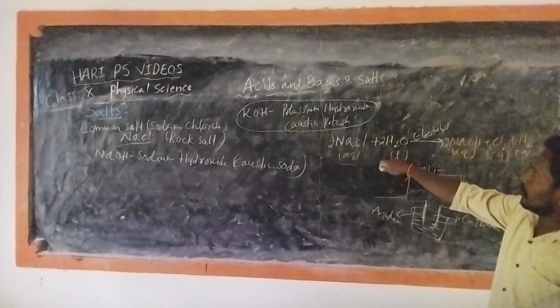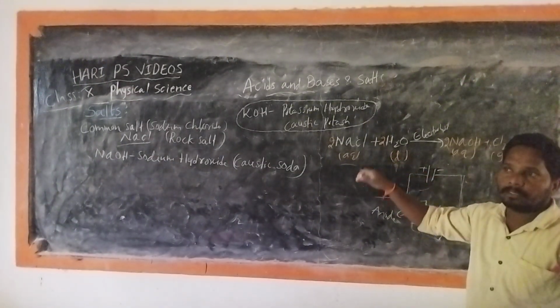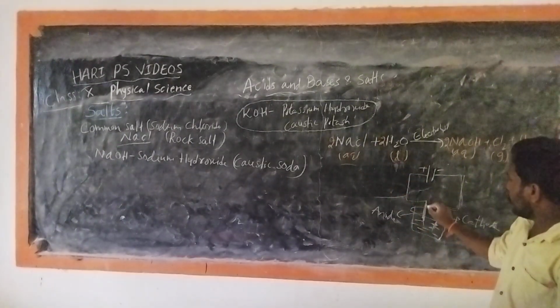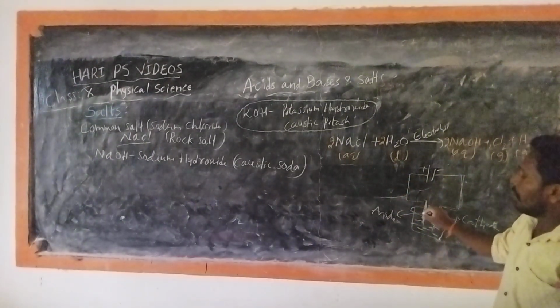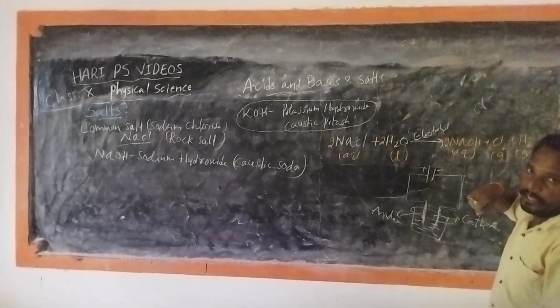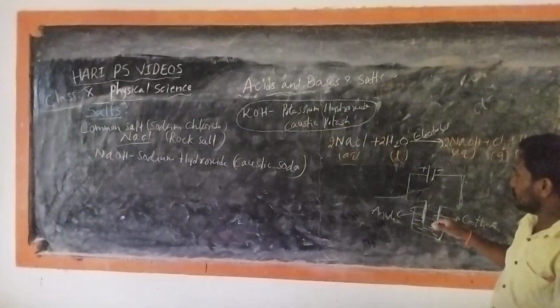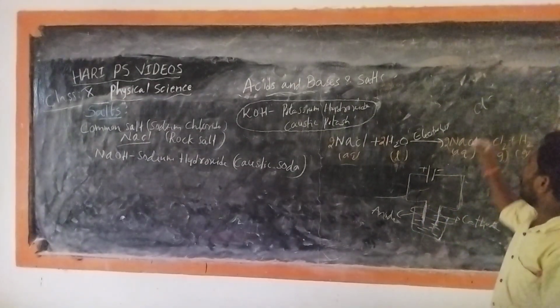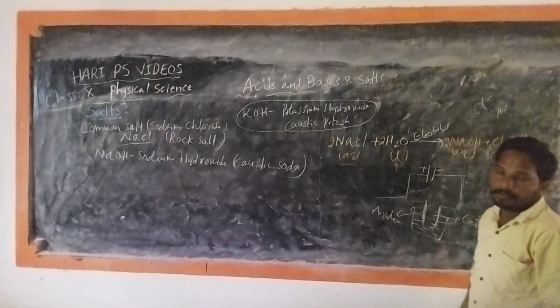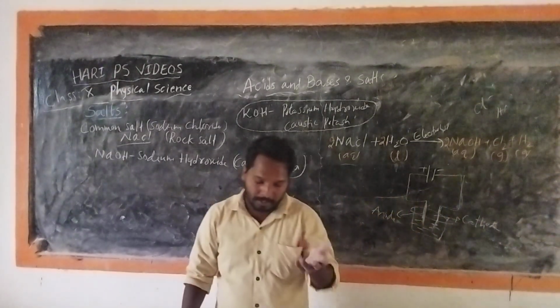During the electrolysis of brine solution, the aqueous solution of sodium chloride, chlorine gas is obtained near the anode because negatively charged Cl- ions are attracted towards the anode. Positively charged ions are attracted towards the cathode.